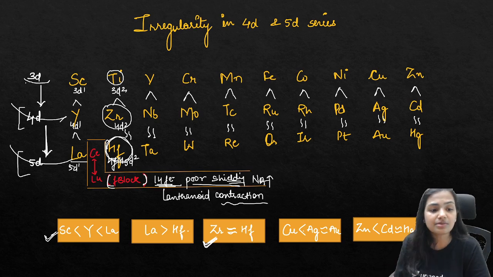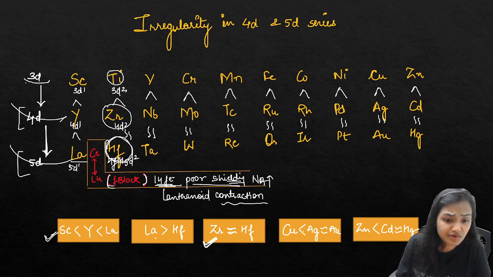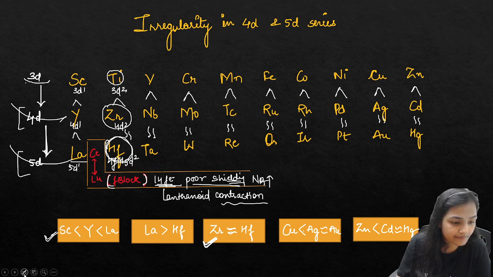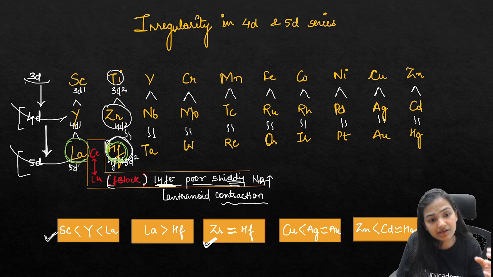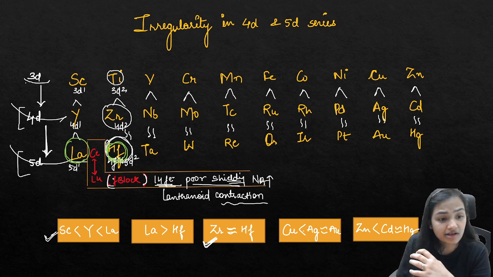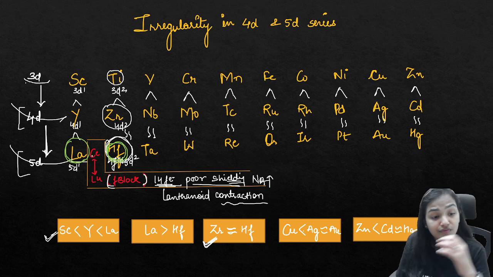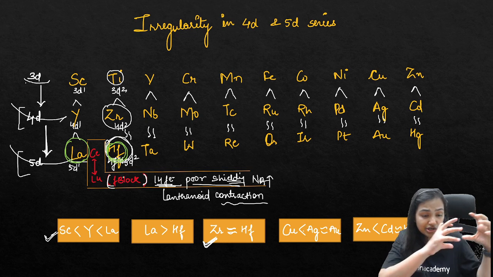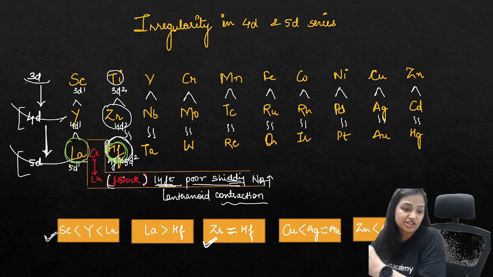Okay, so ultimately we can say that if you compare La and Hf, these two elements, the size of Hf is going to be much smaller. Why? Because there are 14 f block elements which are showing a contraction in size.